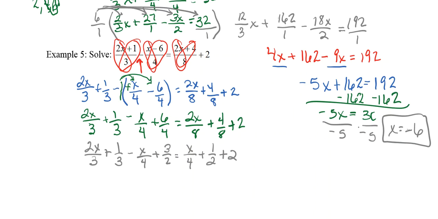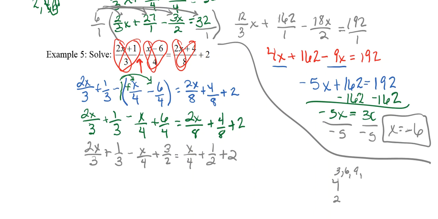So I'm going to sneak over here and use a little bit of this space. 3s, 4s, and 2s. 3 goes into 3, 6, 9, 12, 15. 4, 8, 12, 16, 20. 2, 4, 6, 8, 10, 12.